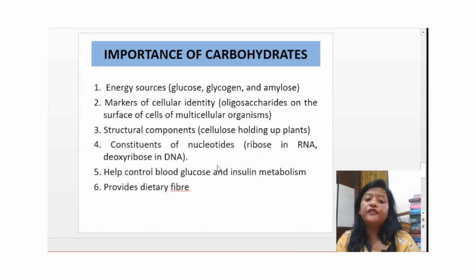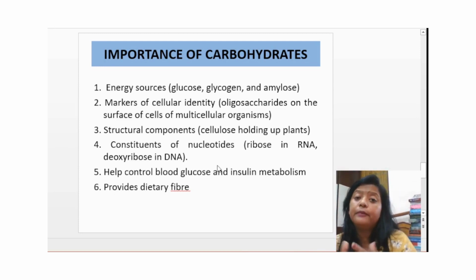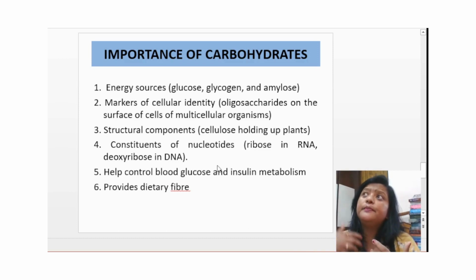If it contains glycogen, then it is an animal cell. If it's starch, it's a plant cell. So some of these compounds identify the type of the organism, or you can say they identify the type of cell, like animal cell or plant cell. So they can also be called markers.